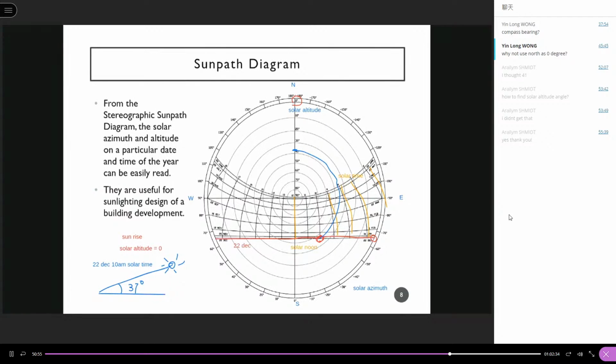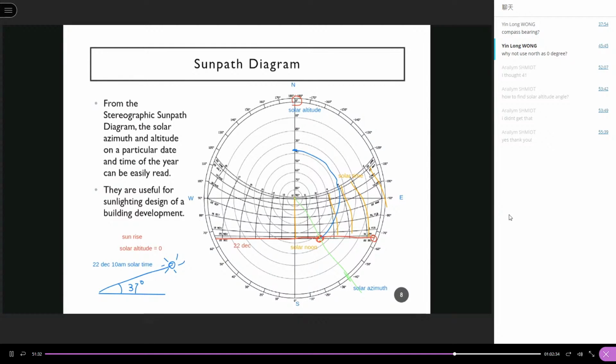Okay, how about the solar azimuth? What is the solar azimuth? For solar azimuth, it is the compass angle, right? For the compass angle, we may use a ruler to join the center point to this point and then extend to the outer angle. So this angle will be about how much?